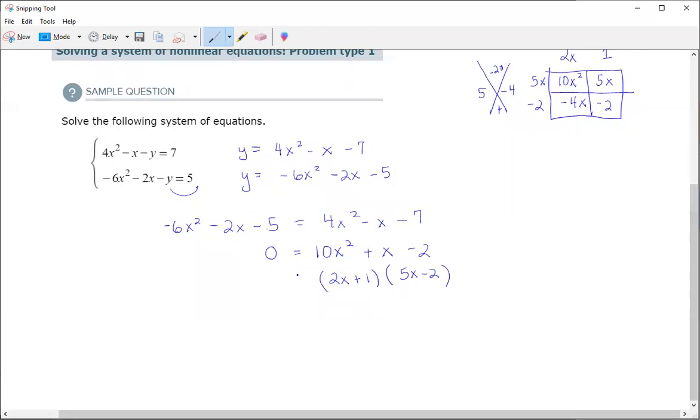Now we have to find the x values for each one of them. So setting this equal to 0, I would get x equal to negative 1/2. And setting this equal to 0, I would get 2/5.